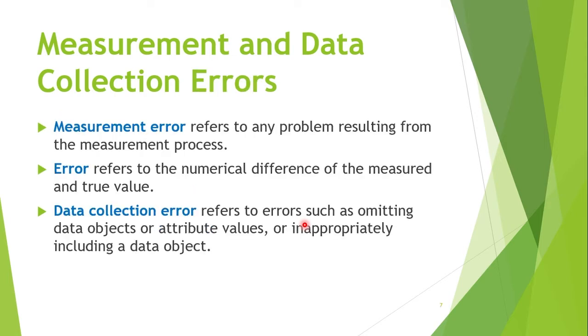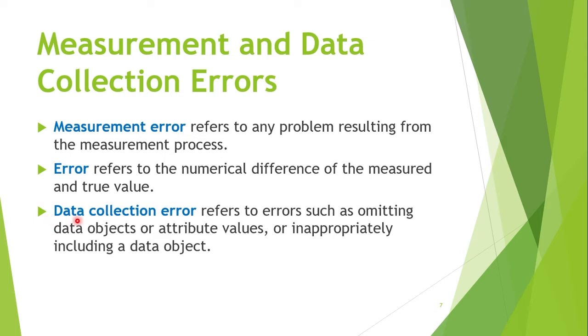Measurement and data collection errors. First, let us define the following terms. Measurement error refers to any problem resulting from the measurement process. A common problem is that the value recorded differs from the true value to some extent. For continuous attributes, the numerical difference of the measured and true value is called the error.